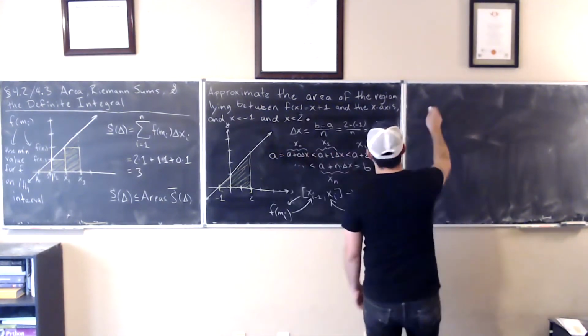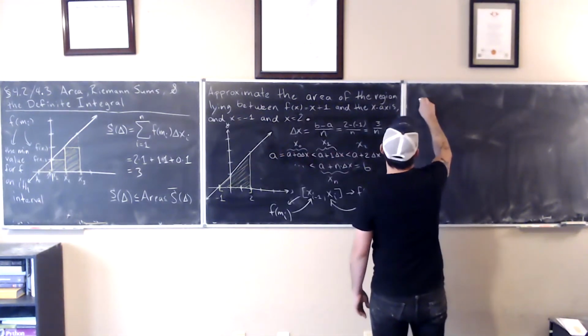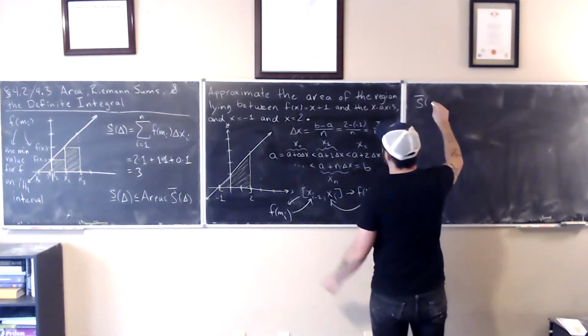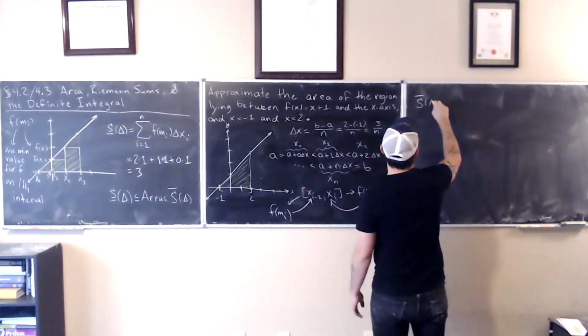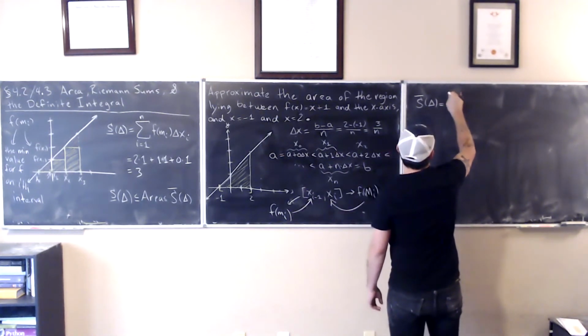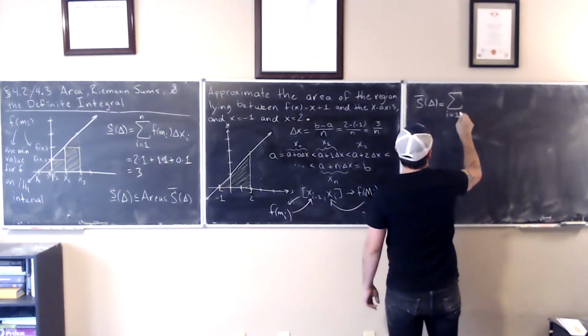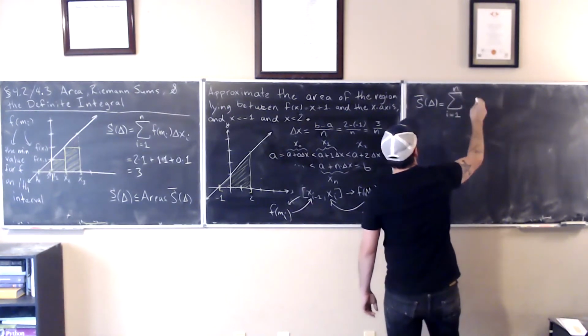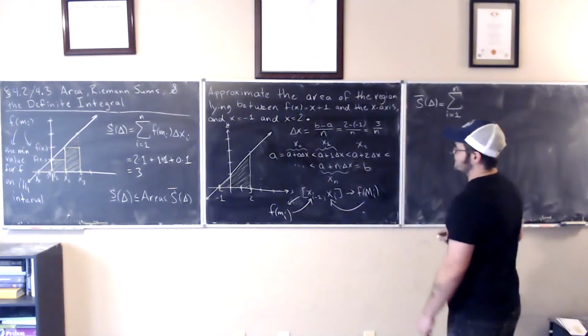Okay, so we know that the upper sum for this partition is equal to the sum from i equals 1 to n.